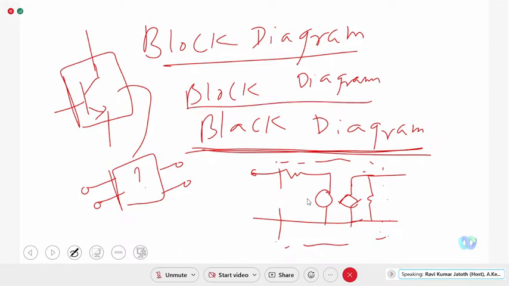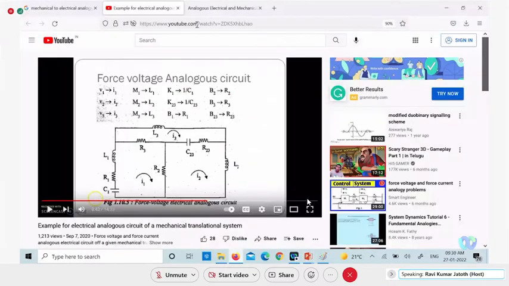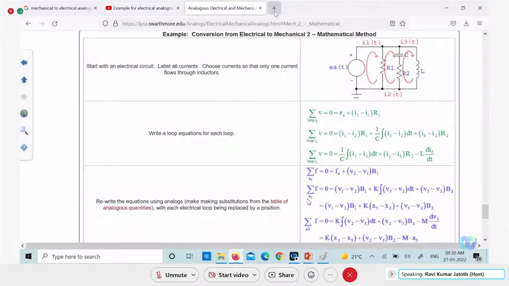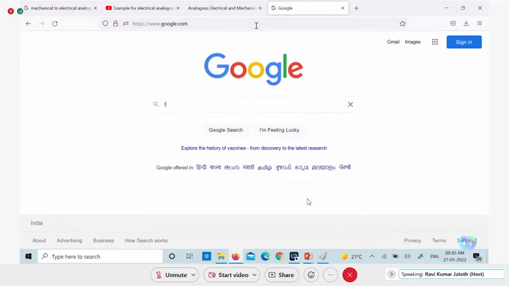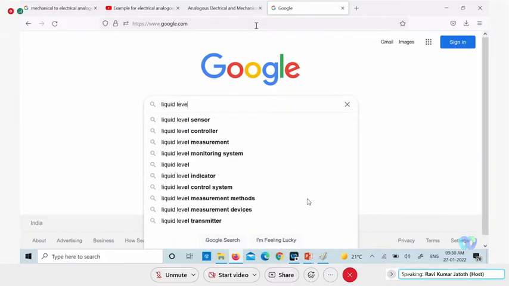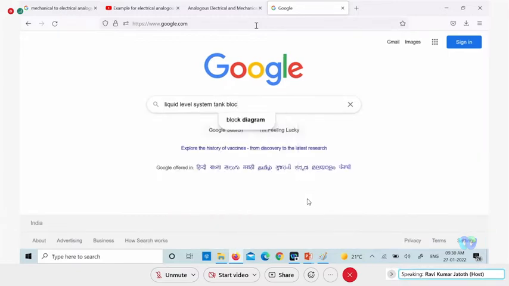Now we are discussing about block. So when physical systems are complex systems, then it can be represented using block diagram. Any physical system, mechanical, electrical, electronics, okay, any physical systems, if they are complex, very complex systems, liquid level systems, tank, and then block diagrams.